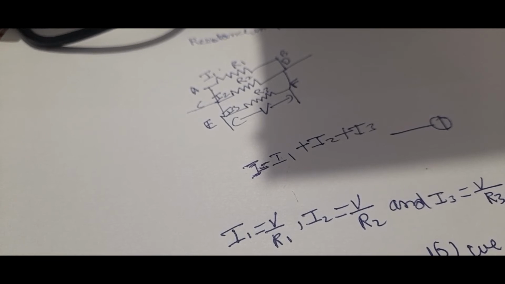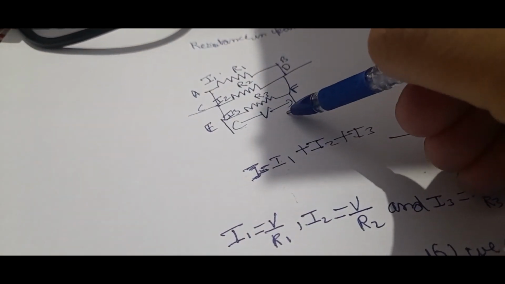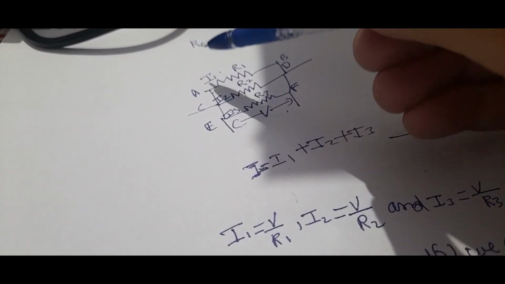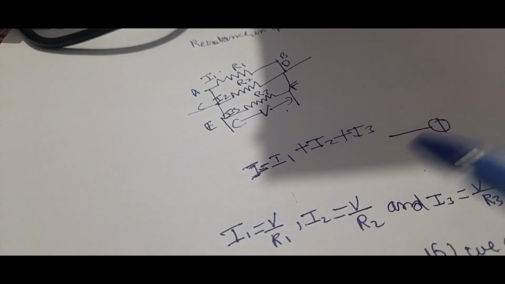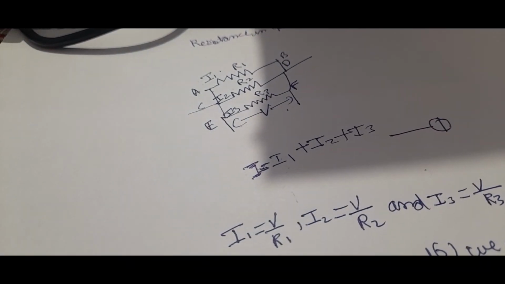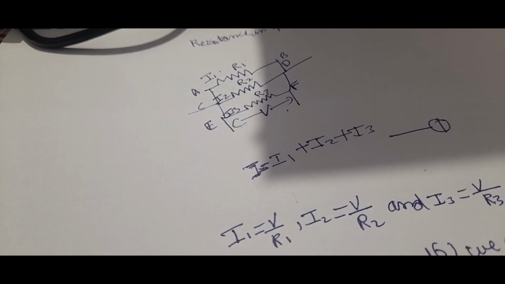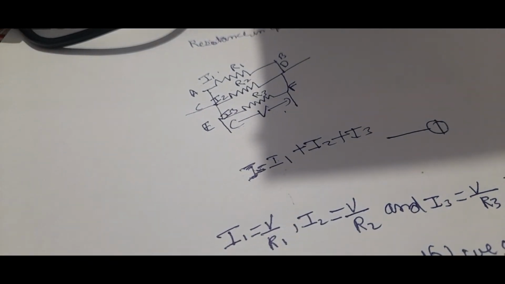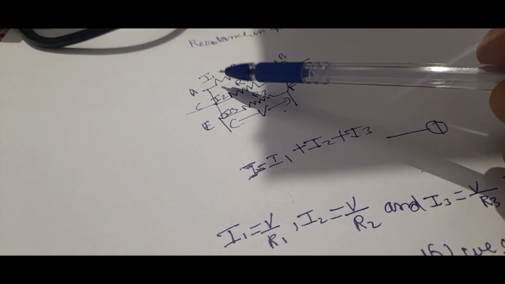Here we have the potential difference V, and if you see here, I1, I2, I3. For finding the value of current, in amps, we are just taking the sum of the currents.